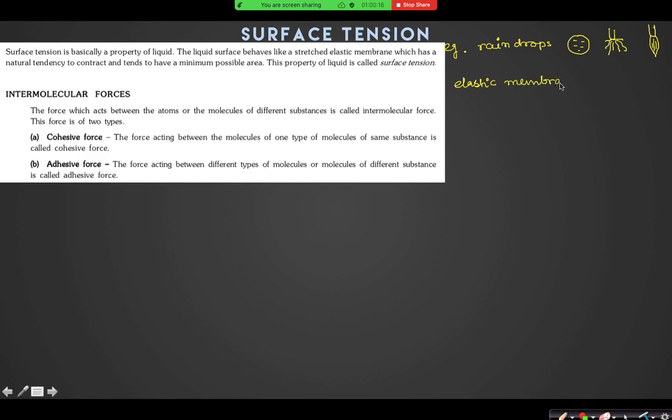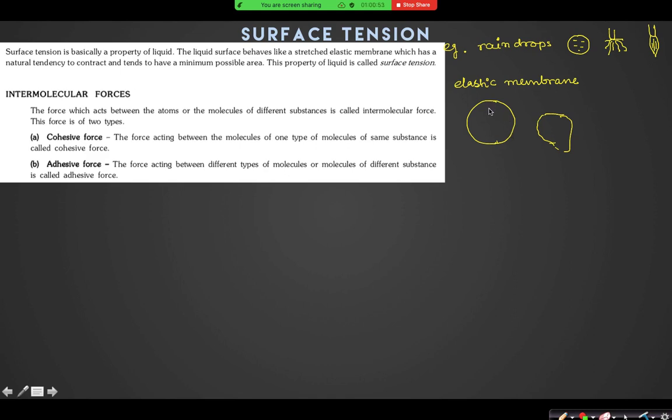Have you seen a rubber balloon? All of you have seen that. If I inflate that rubber balloon and I release it, or I prick somewhere and let air come out, you will find that this balloon always tries to attain a minimum surface area, right? It will deflate and try to attain a minimum surface area. Why?